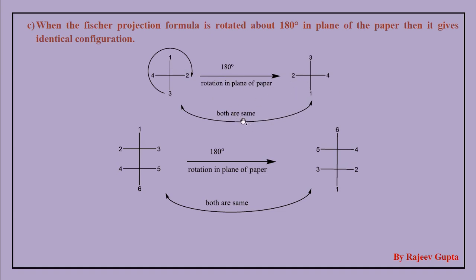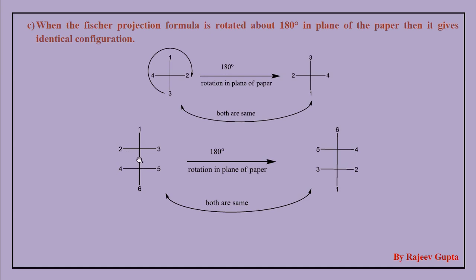So this rotation by 180 degrees in the plane of paper is allowed in a Fischer projection because it does not make any change in its configuration. Here we can see only one chiral center. Suppose here there are two chiral centers, two carbons. If we rotate this 180 degrees, then 1 goes to 6 and 6 goes to 1. Same, 2 goes to here, 5, and 5 goes to here.